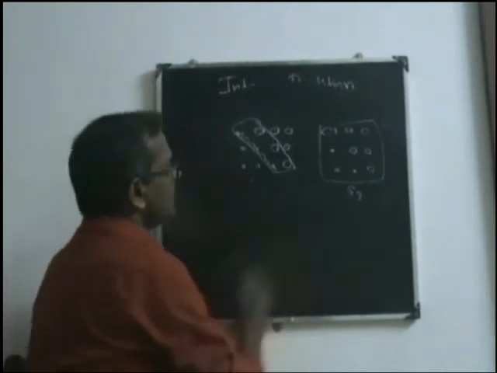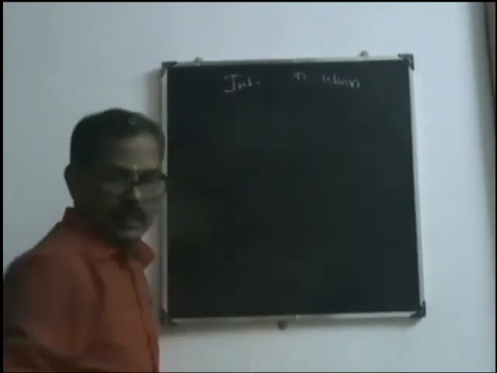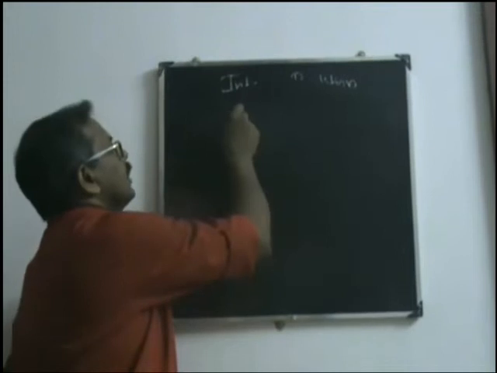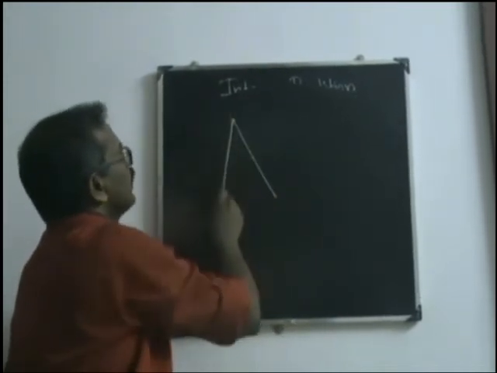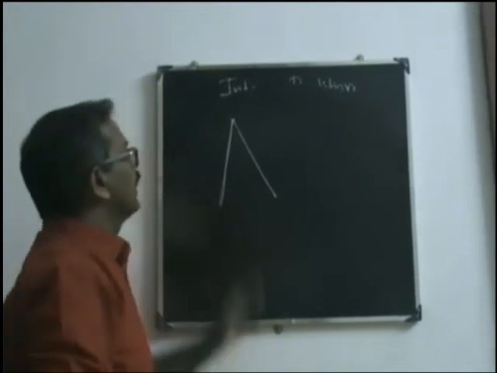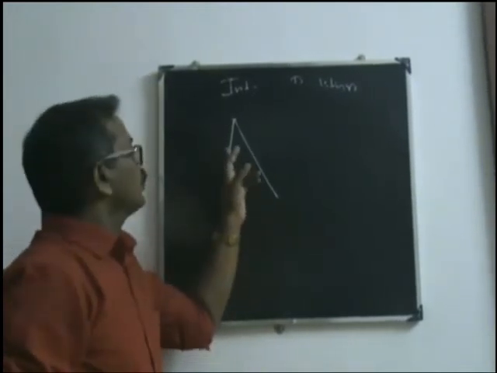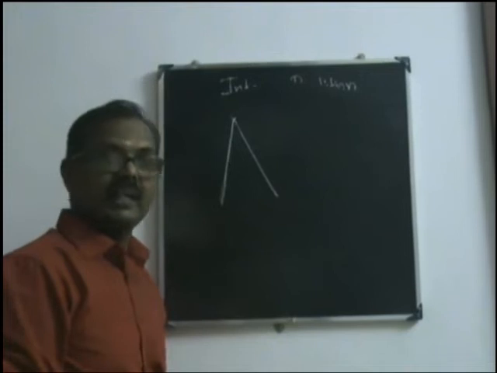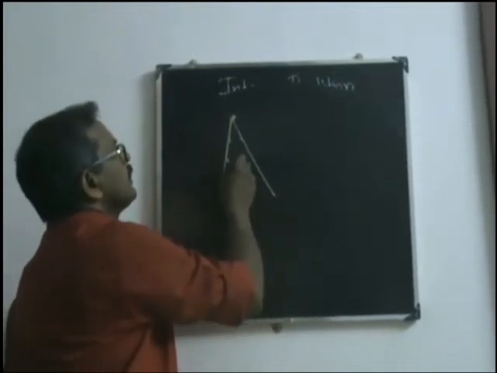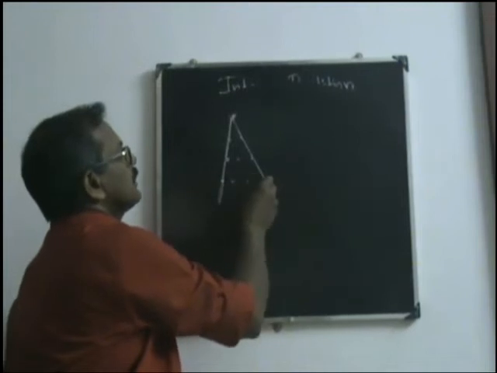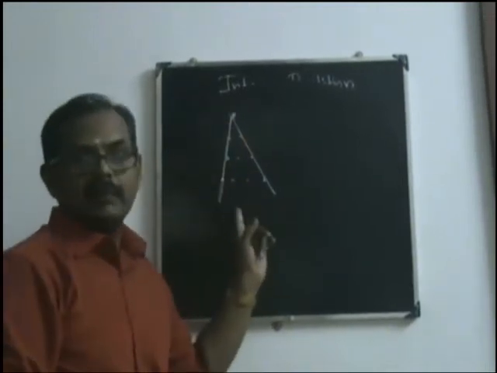Okay, now using this logic, first we can take a dot, and if you draw 2 lines like this, we can put the dots corresponding to the triangle numbers. So 1 dot here, then 2 dots, then 3 dots, then 4 dots, like that. So this is the triangle number.